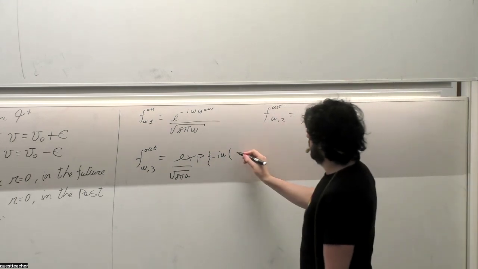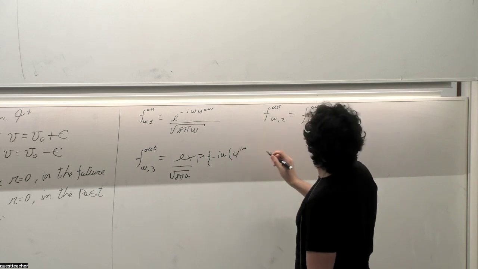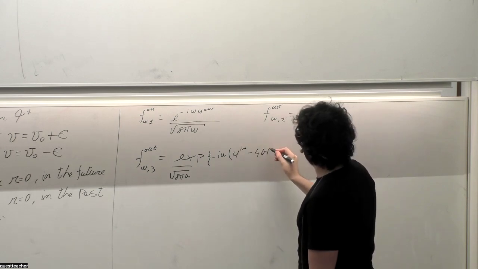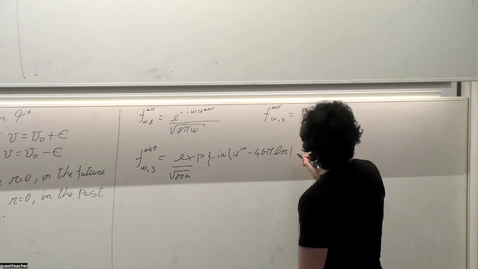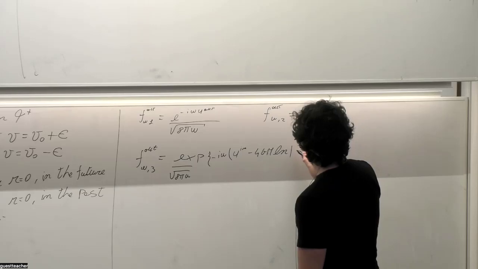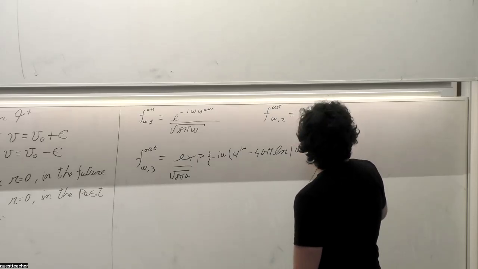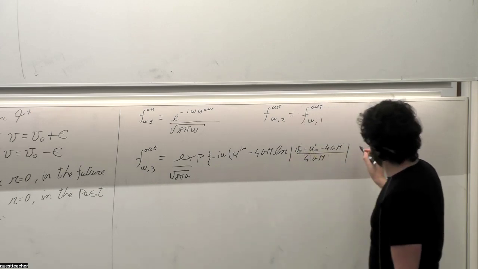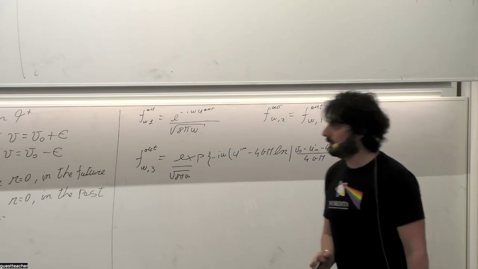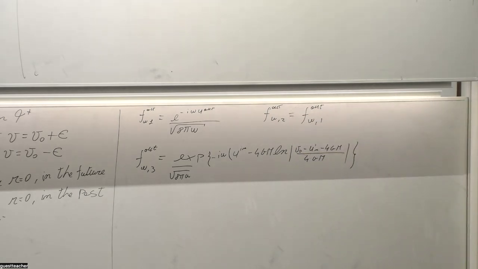So it's u in minus 4GM logarithm of v naught minus u in minus 4GM over 4GM. Okay, perfect.